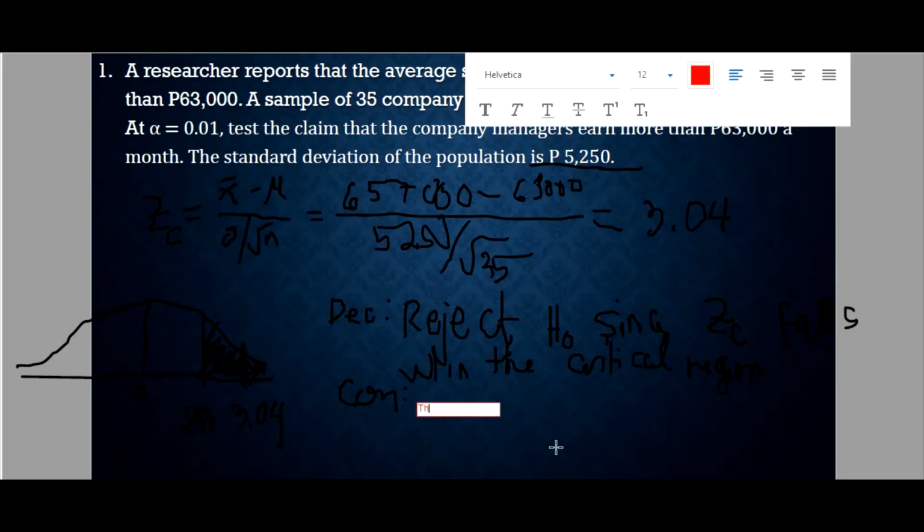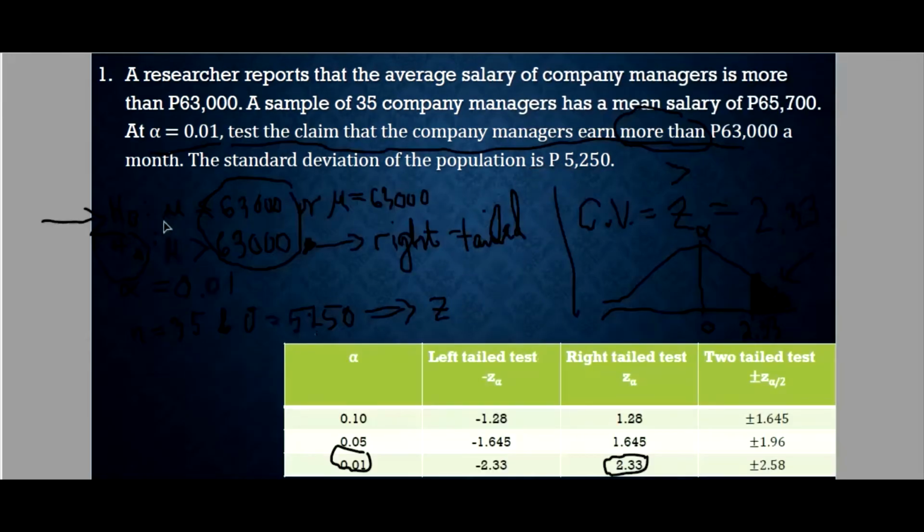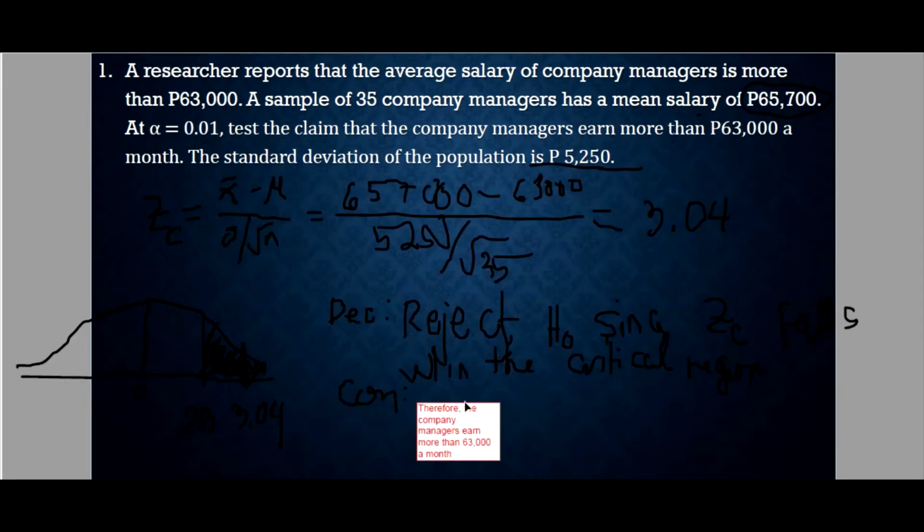Therefore, the company managers earn more than 63,000 pesos a month. So that will be our conclusion, because we rejected the null hypothesis. So we concluded the alternative hypothesis. So that's why the company managers earn more than 63,000 a month.